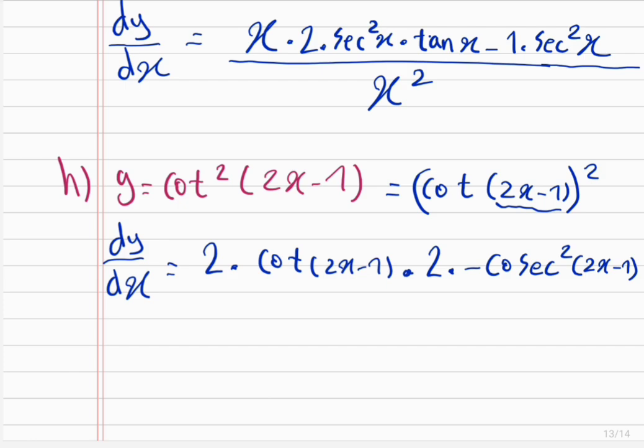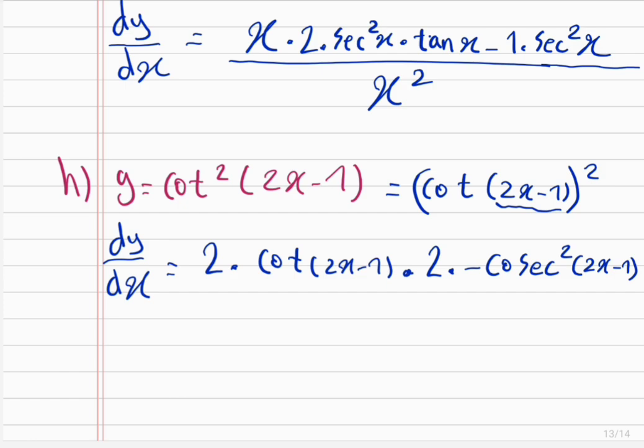So just one more time, we have a chain rule. We first start by writing down the power. That's the first step. Then we write down the function inside the bracket with the power 2 minus 1, which is 1. So we get cot 2x minus 1. The second part is differentiating the function that is inside the bracket. To differentiate cot 2x minus 1, this is one of those standard results.